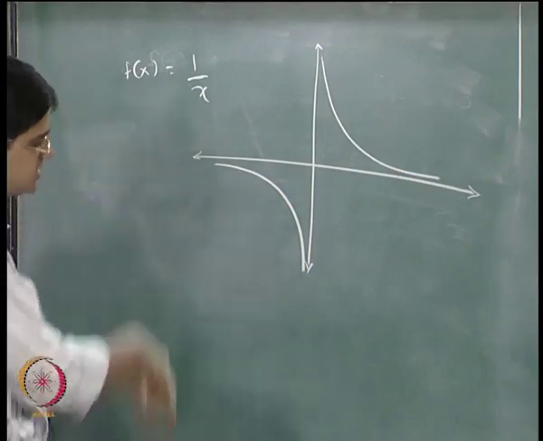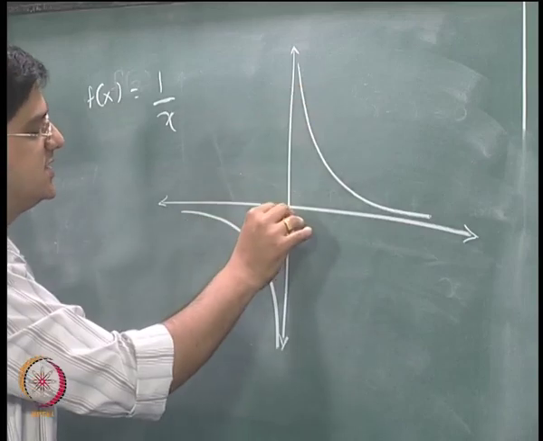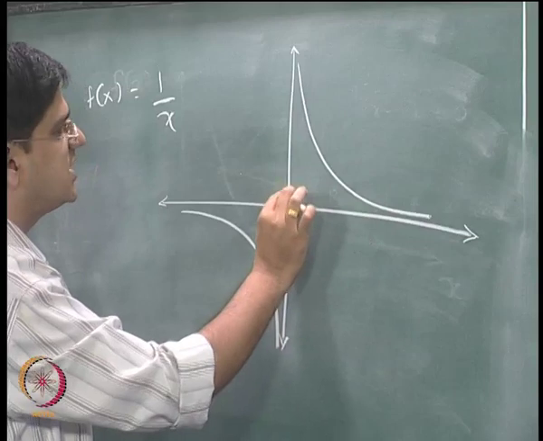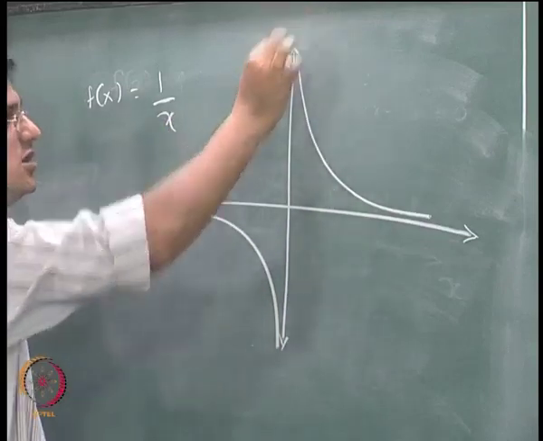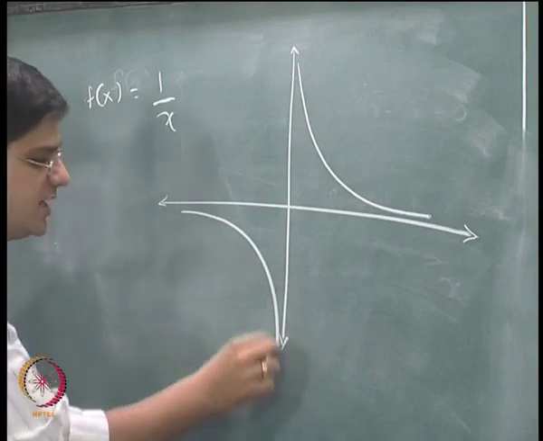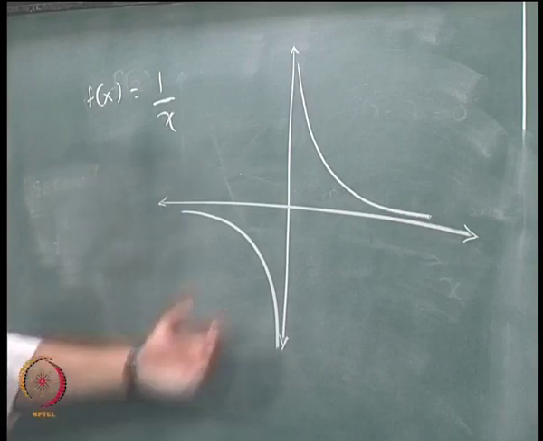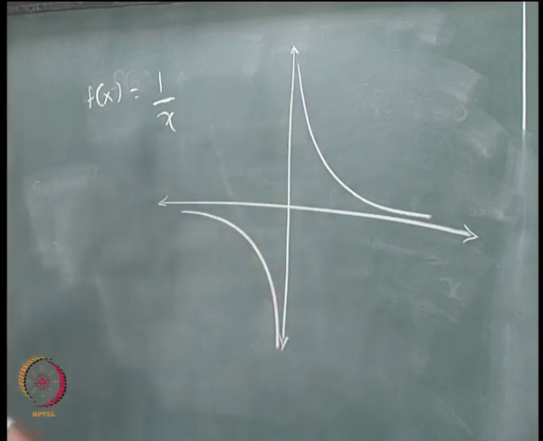It's a hyperbolic type of curve, and essentially when x is very close to 0 on the positive side, for example, if x is 0.001, we reach plus infinity. When x is equal to minus 0.001, we will reach minus 1000, and as we go closer and closer to the y axis, we will go towards infinity.